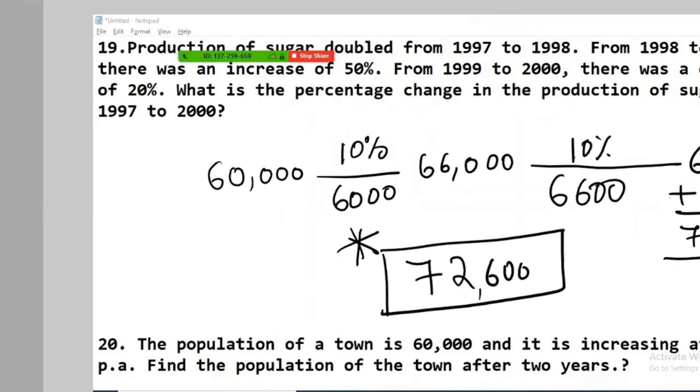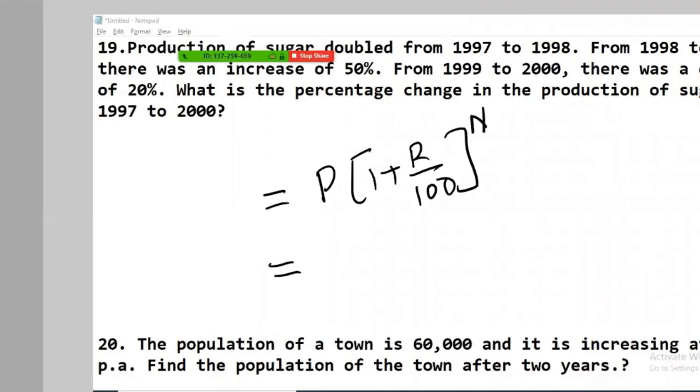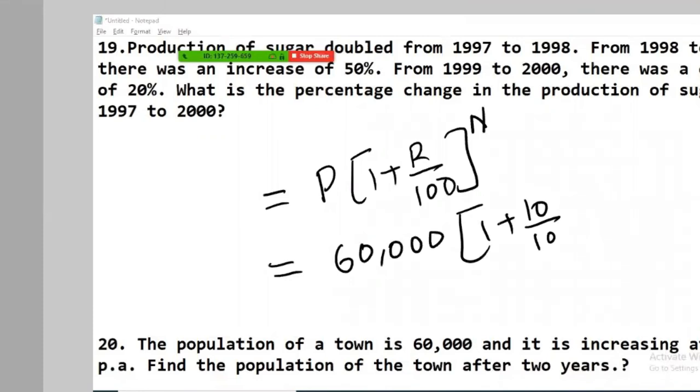What is the other way to calculate this? With the formula. Whenever population questions come, this is the easiest way: the formula. Population into 1 plus rate of interest by 100 to the power n, where n is the number of years. The population is 60,000 into 1 plus 10 by 100, for 2 years.